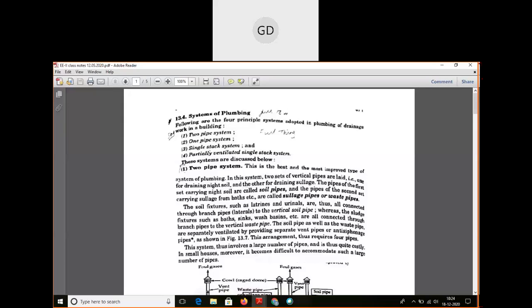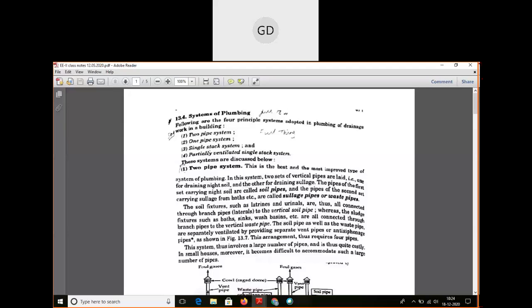The soil pipe along with the waste pipe are separately ventilated by providing vent pipes, also called anti-siphonage pipes. What anti-siphonage is, we will come to later.